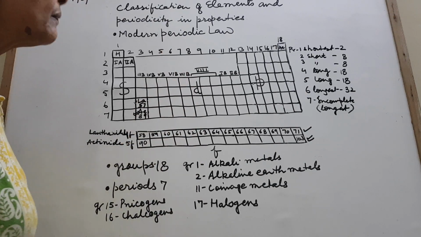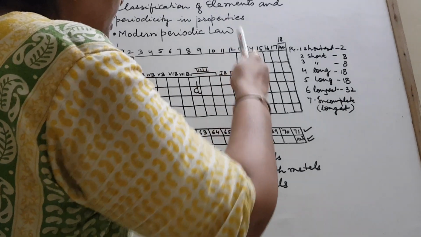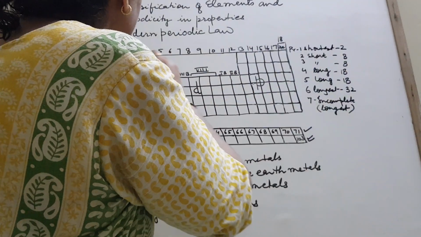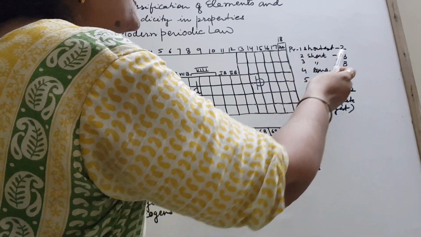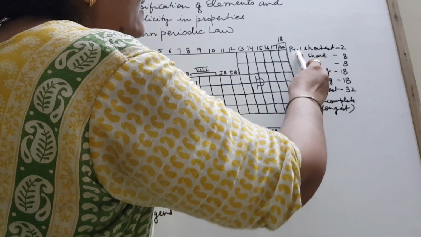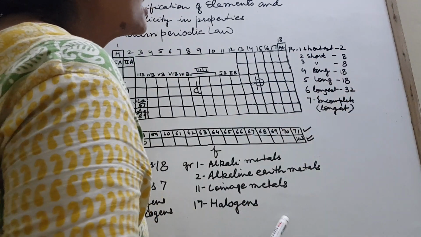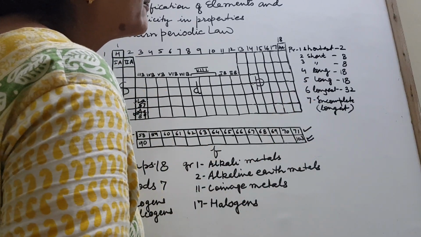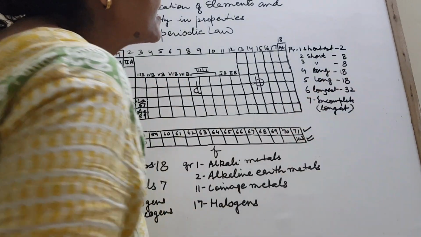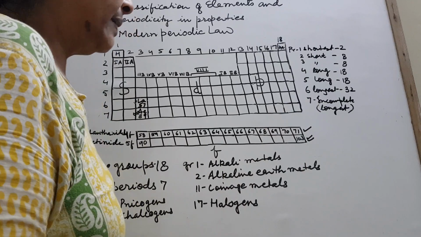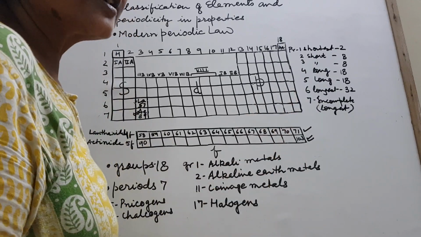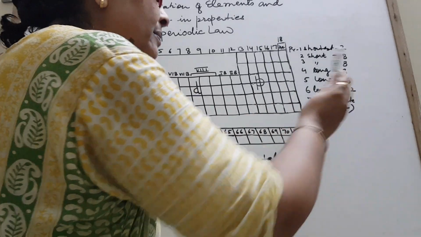Then in short, children, in this classification, we know that the first period is the shortest period, having 2 elements. Then the second and third have 8 elements. The fourth and fifth are long periods having 18 elements. The sixth is the longest period, having 32 confirmed elements.